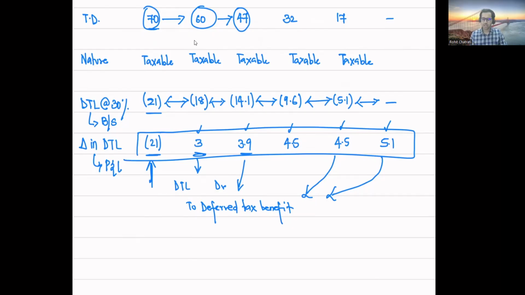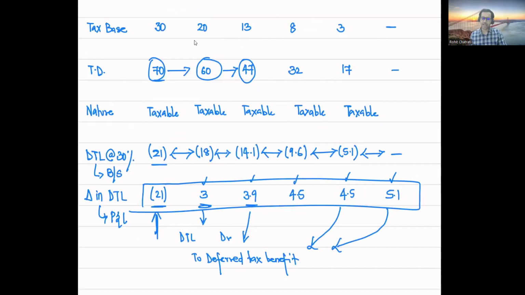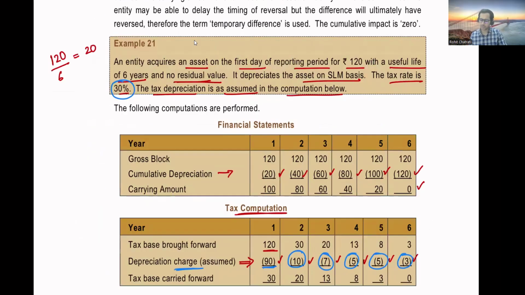So here also the sum total of the deferred tax expense and deferred tax reversals over multiple years will be equal to zero. We are creating a deferred tax expense of 21 in the first year, and that's going to get reversed in the subsequent years. The sum total of all the reversals will also be equal to 21. With that, we are done with example number 21.